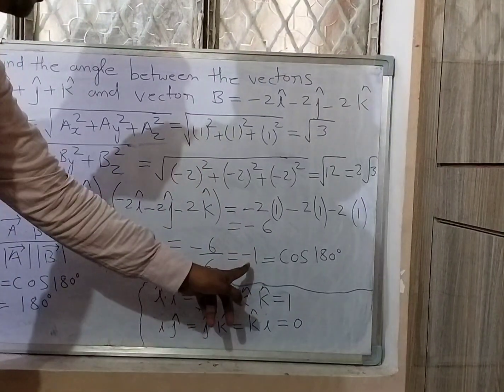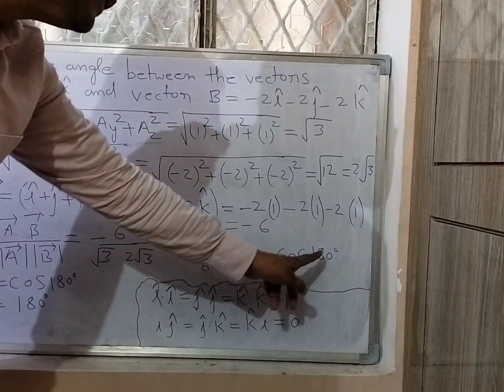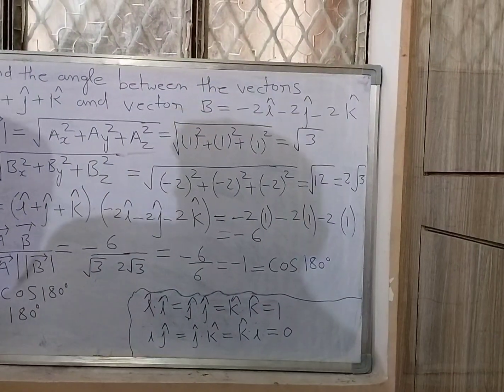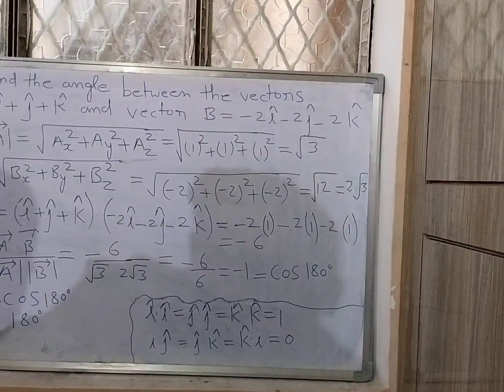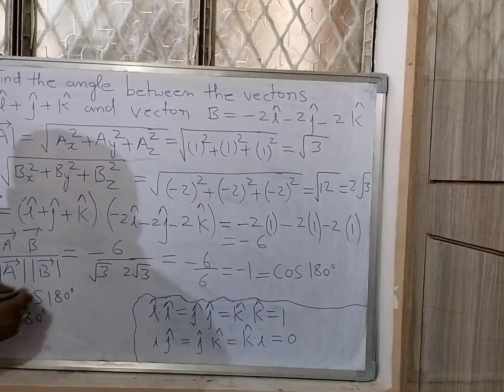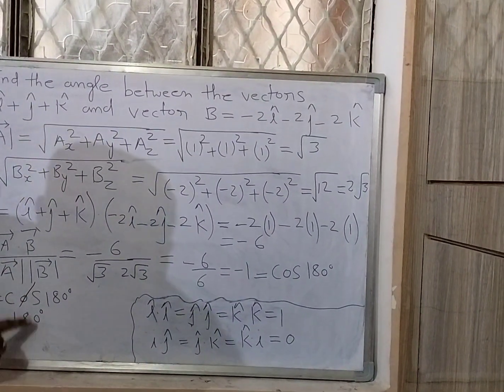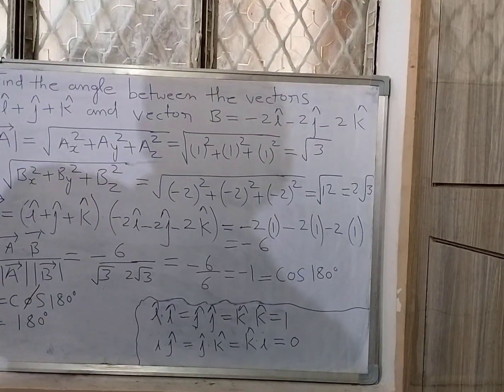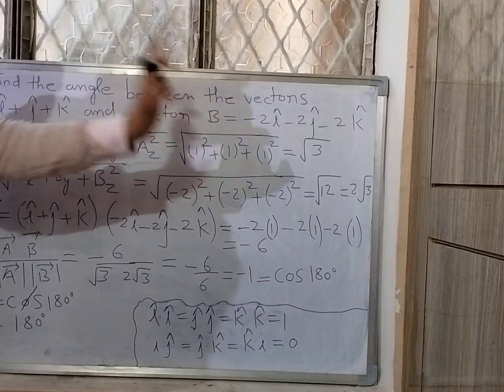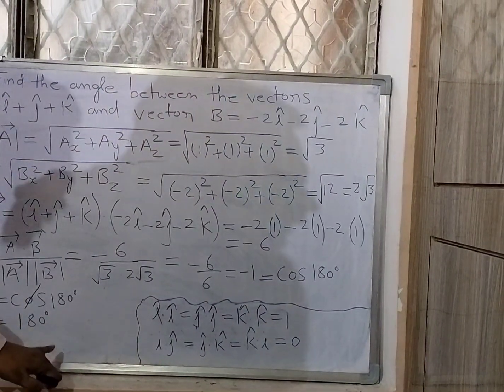Minus 1, and minus 1 is the value of cos 180. So basically our cos theta will be cos 180. So it means this cos and this cos will be cancelled. So theta equals 180 degrees. So what we have understood is that the angle between a vector and b vector is 180 degrees.